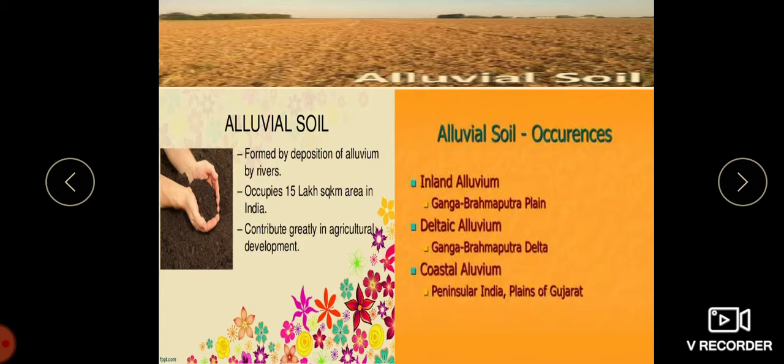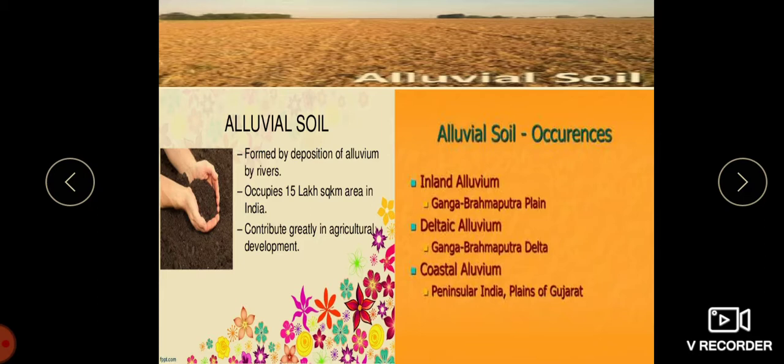So, this alluvial soil is formed by deposition. It occupies about 15 lakh square kilometers in India. We find it mostly in the Indo-Gangetic plain and, by the sea waves, in the coastal areas.